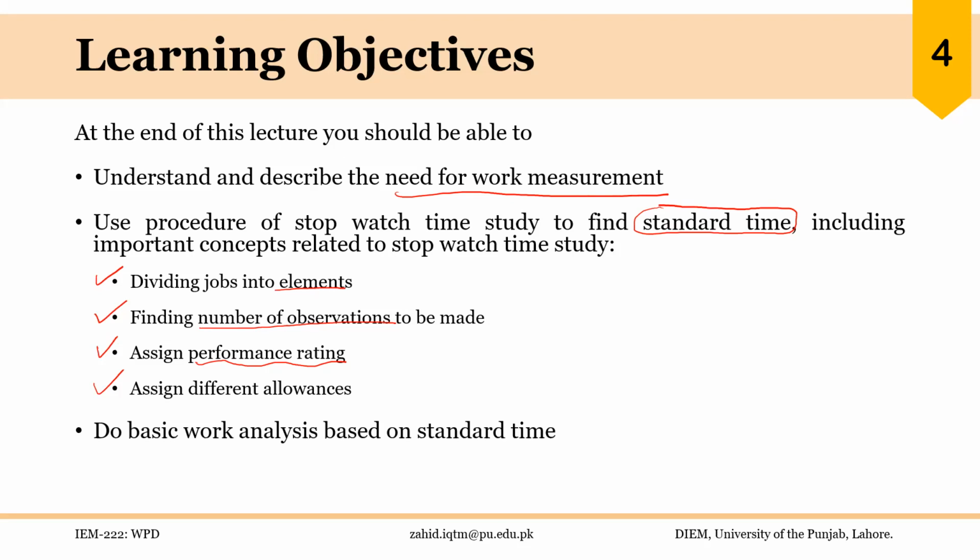Generally speaking, the standard time helps us to define different KPIs for the organization. So we will see some of those performance indicators towards the end of this lecture. So you should be able to do basic work analysis based on standard time.